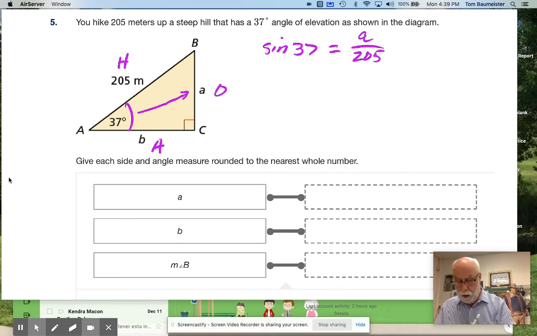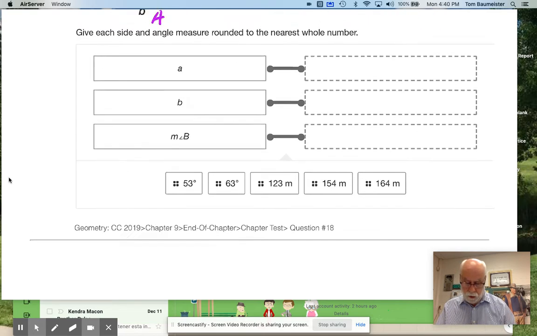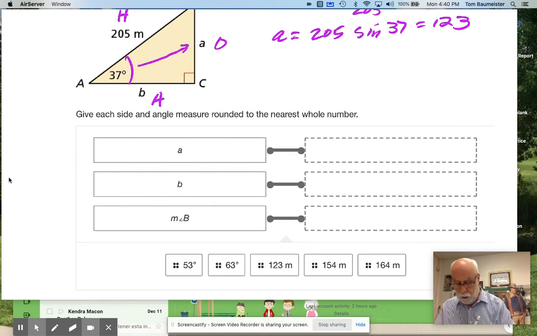So I would multiply both sides by 205 to get A by itself. When you plug in A is equal to 205 sine of 37, you will get 123. So this one here would be 123 meters.